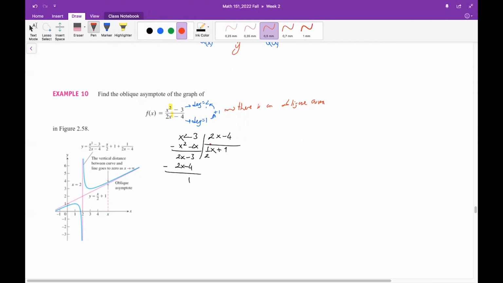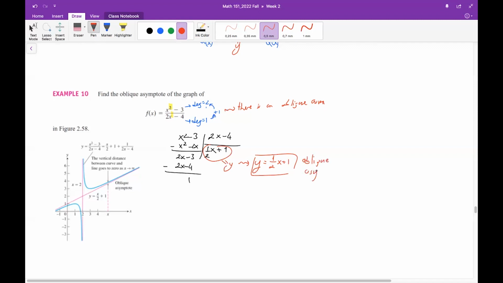Now you see this part gives you your oblique asymptote. y equals 1 over 2 x plus 1 is the equation of a line, which is a slanted line and which serves as the oblique asymptote for your function.